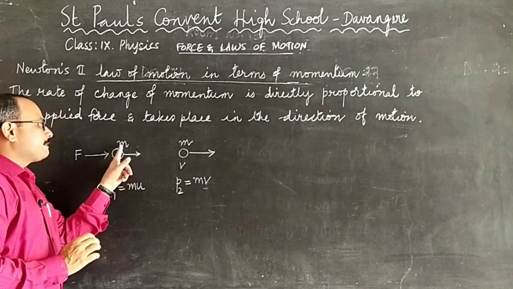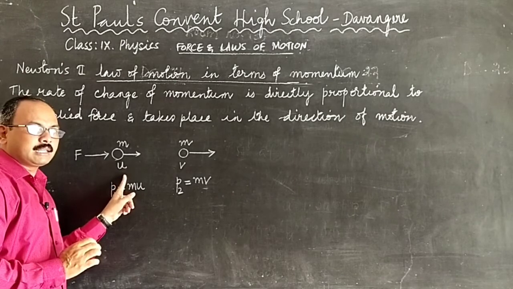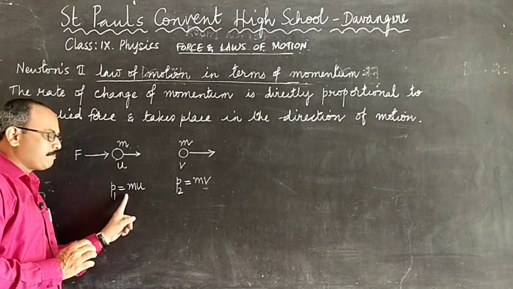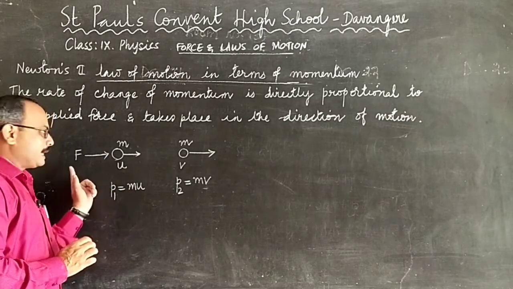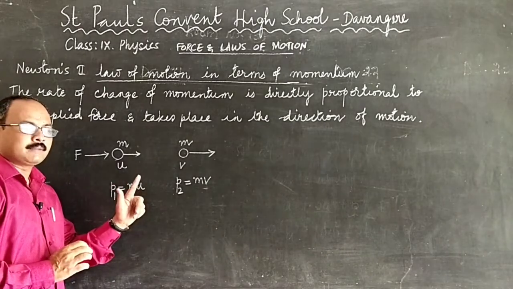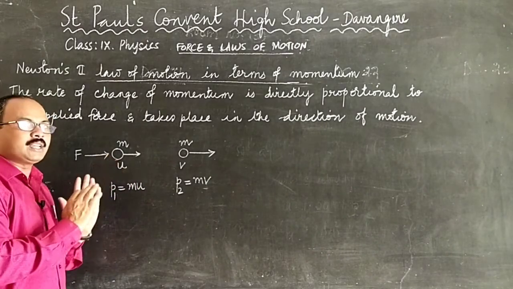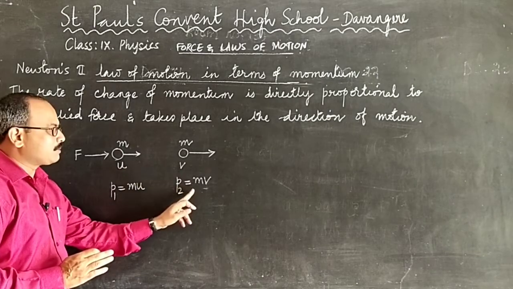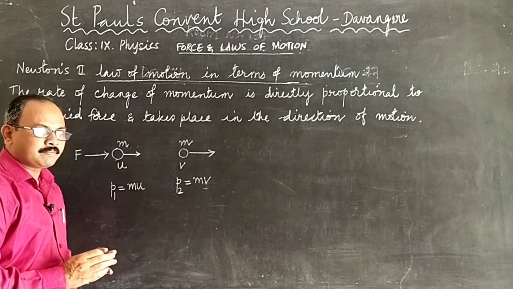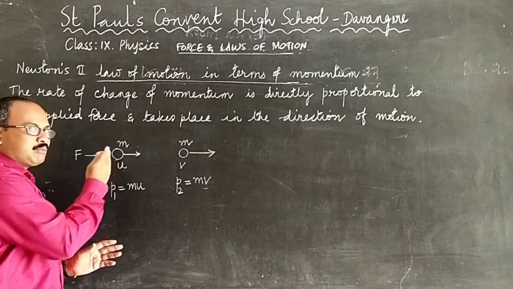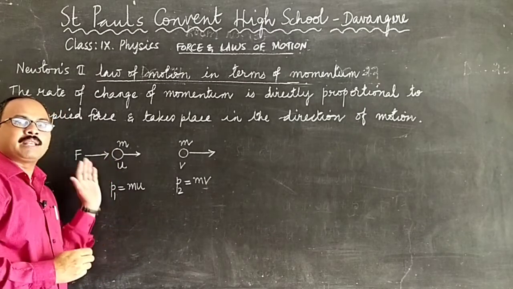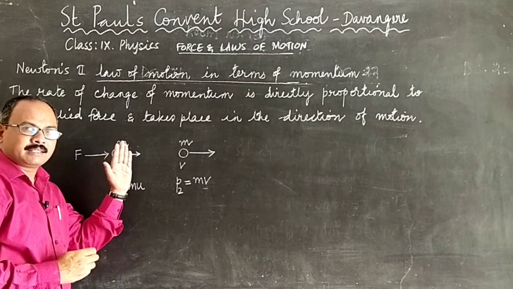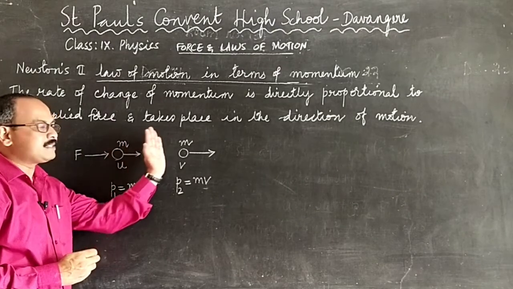An object having mass m moves with some velocity. Therefore, its momentum becomes m into u. When external force is applied on it, its velocity changes to v. Therefore, momentum becomes m into v. It was moving with some momentum. When external force is applied, its momentum is changed.